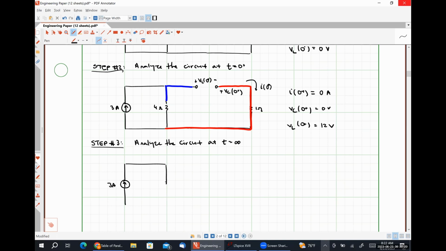We have our 3 amp source in parallel with our 4 ohm resistor. Here is our closed switch. Here is our inductor, which looks like a short circuit because we're at DC steady state. My capacitor is going to look like an open circuit because we're at DC steady state. Here is my 1 ohm resistor.